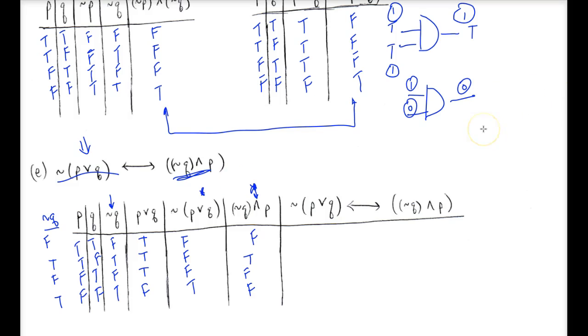Of course, if we remember the truth table for the biconditional statement, I'll redo it here so that we remember that. The only time that the biconditional statement was true is if both P and Q were true or if both P and Q were false.